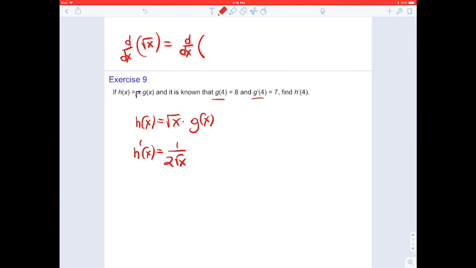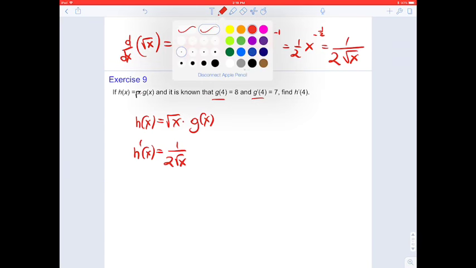Derivative of square root of x means derivative of x to the power of half. Power rule is telling me that I have to put 1/2 here, x to the power of 1/2 minus 1. 1/2 x to the negative half. And if I rewrite without the negative exponent, x to the negative half goes to the denominator and is square root of x.